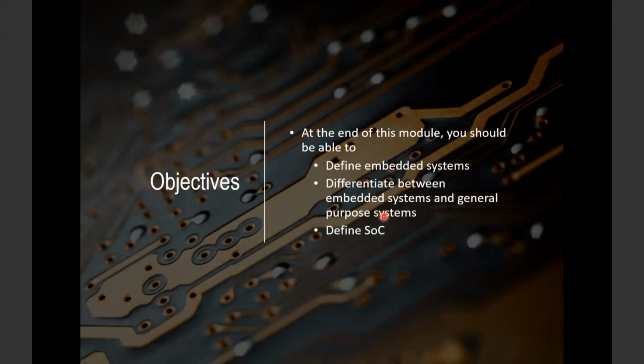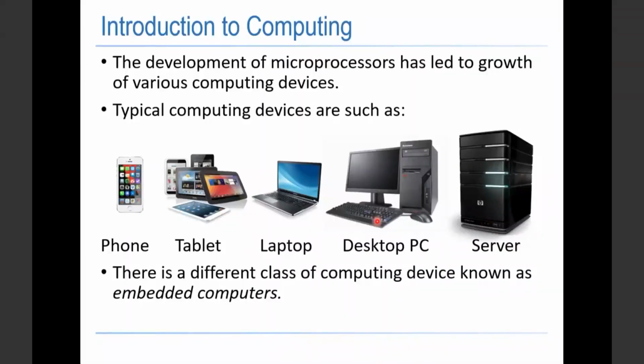These are two different things, so you need to be able to classify whether a device belongs to a general purpose system or an embedded system. And last but not least, you are able to define what is a system on chip, or sometimes we call it a SoC.